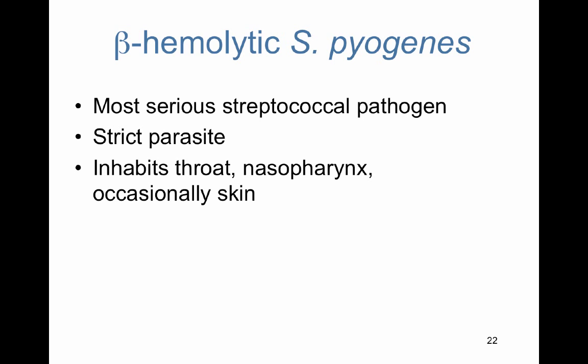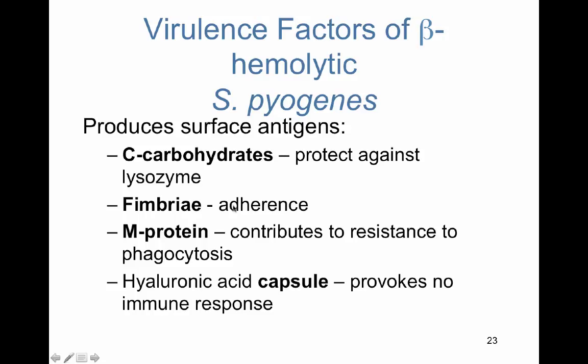So similar to staph bacteria, Strep pyogenes has a long list of virulence factors. So these surface antigens include C carbohydrate, which works to protect against lysozyme. Also M protein, which can vary from strain to strain. This contributes to resistance to phagocytosis.